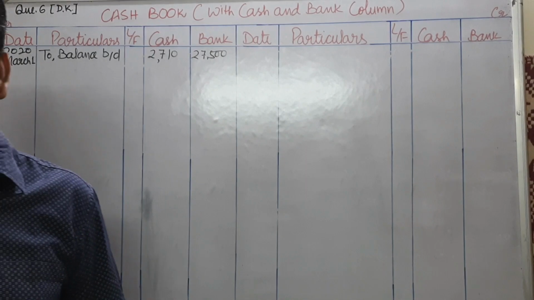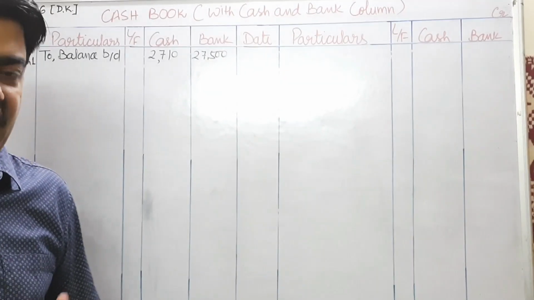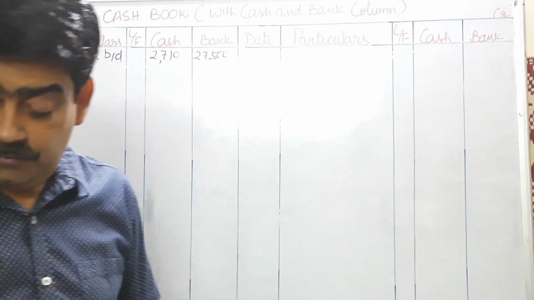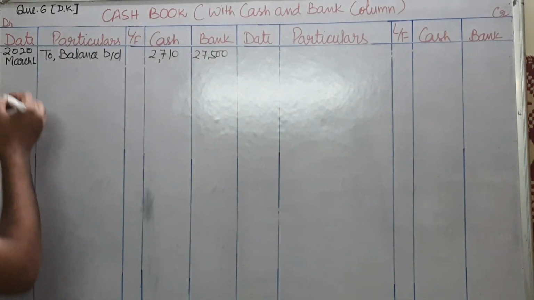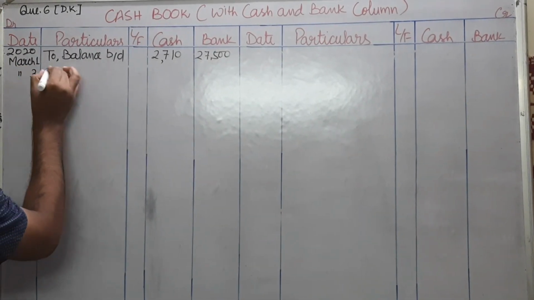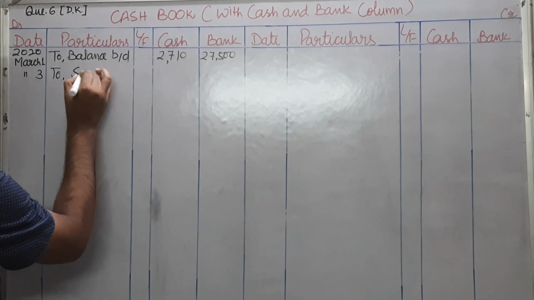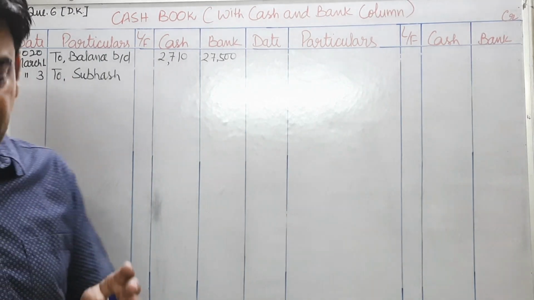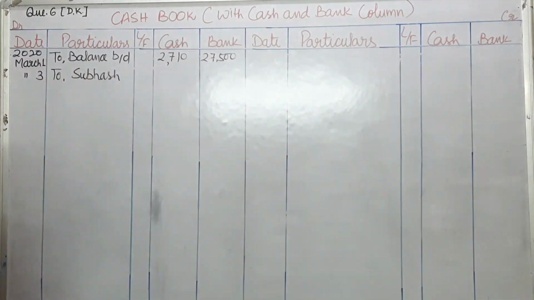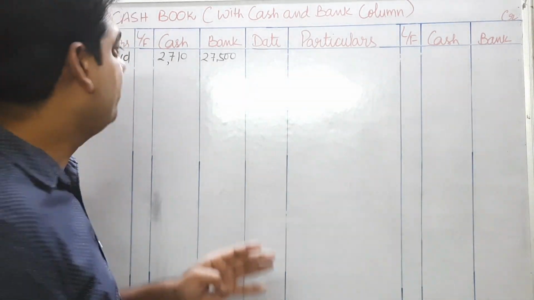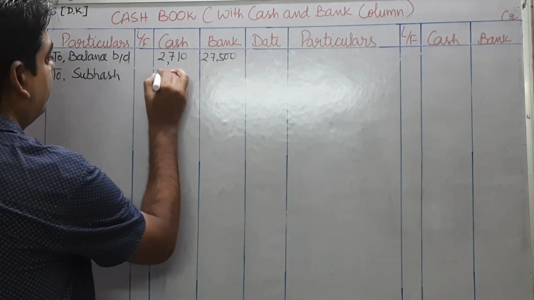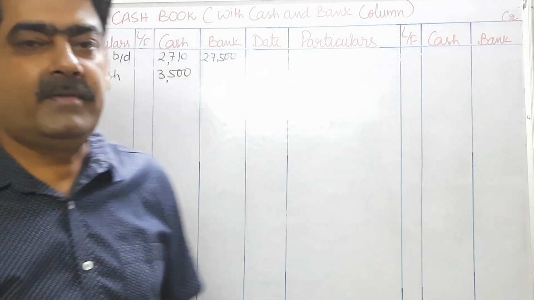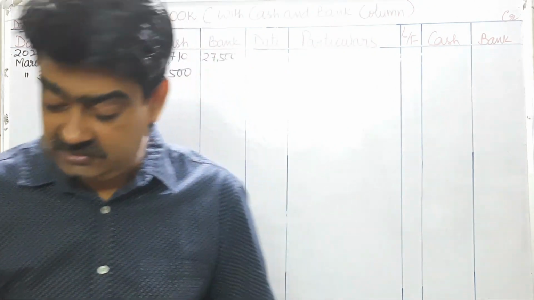Next is received from Subhash. Entry will be cash account debit to Subhash. Simply we are receiving amount from Subhash. Date is March 3. Treatment will come to Subhash, and you see we are receiving cash from Subhash, that is 3,500. So the amount will come in the cash column, because we are receiving cash from Subhash.